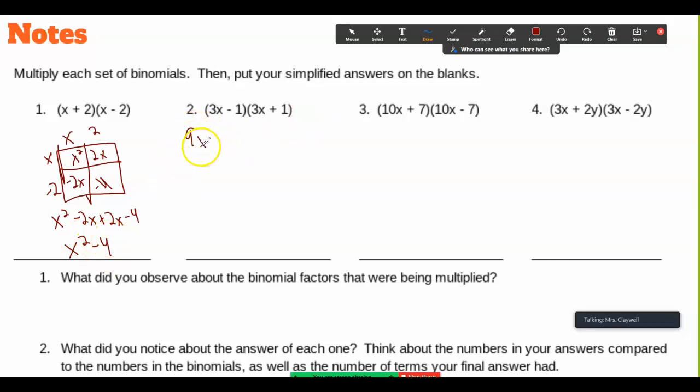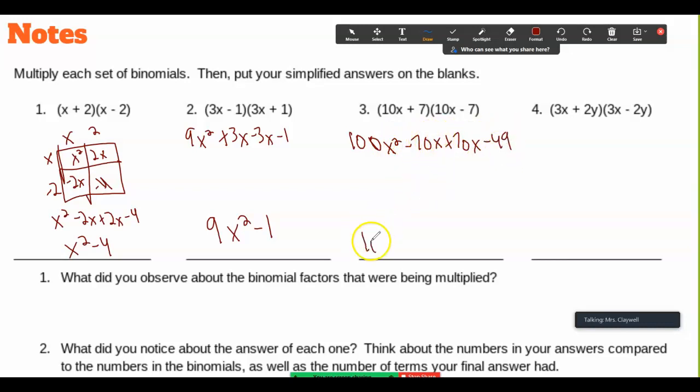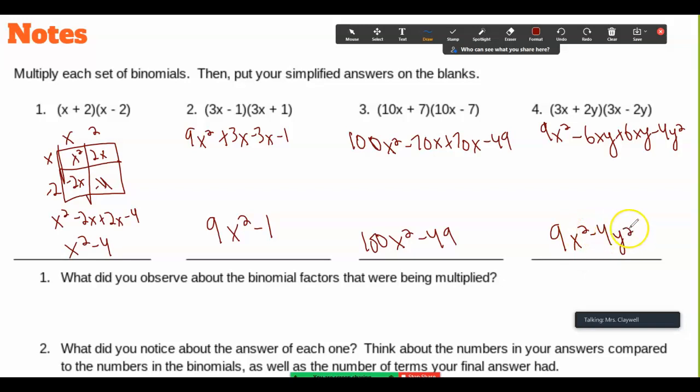Put it with x squared minus 4. So if I kept doing this, what I notice about all of these is the sign.